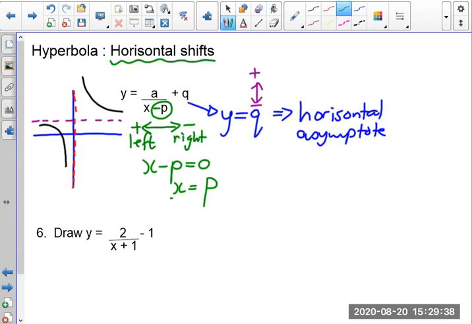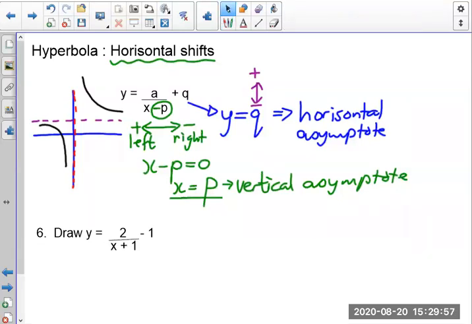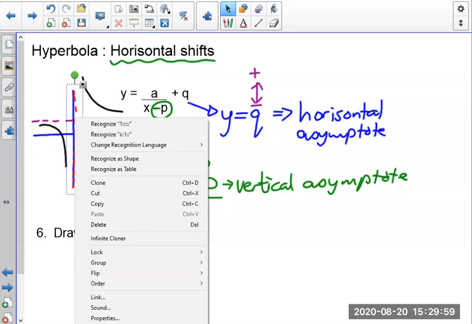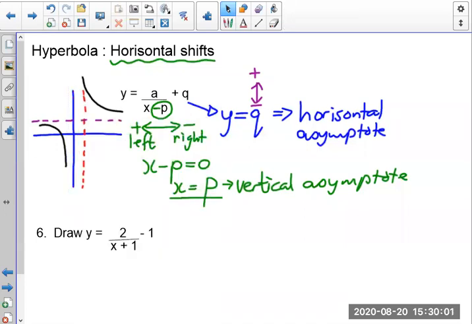And that x equals positive p is the vertical asymptote, the new vertical asymptote. So if I move, say I move my vertical asymptote to the right, it will be because I have a minus there. But then the whole graph also moves to the right.